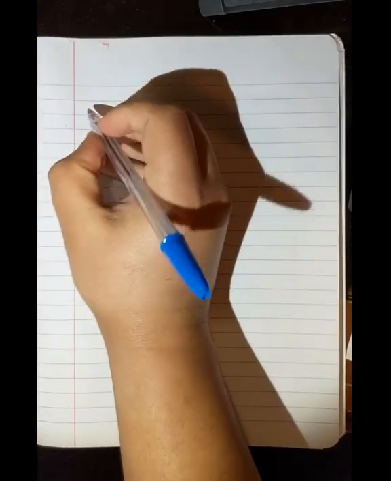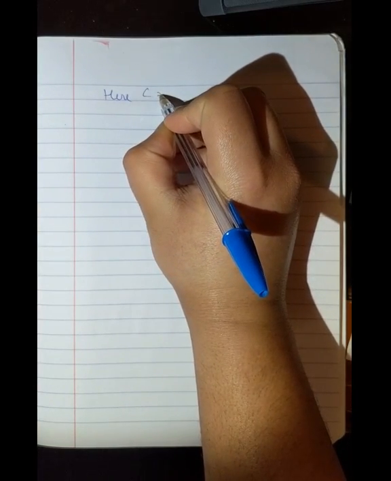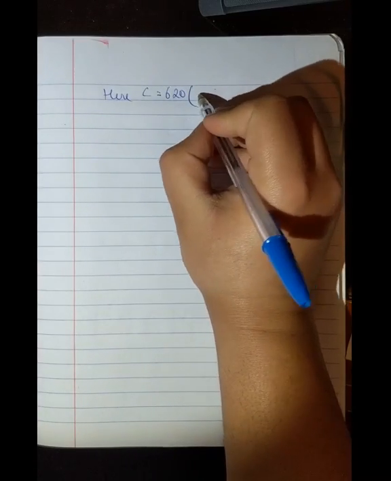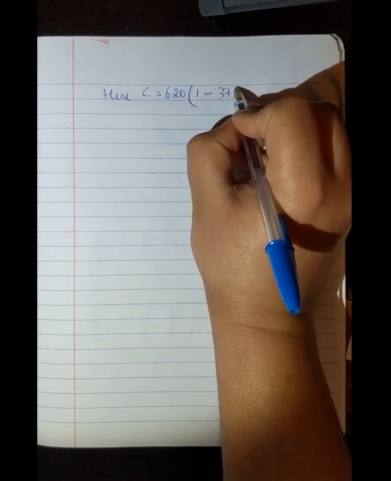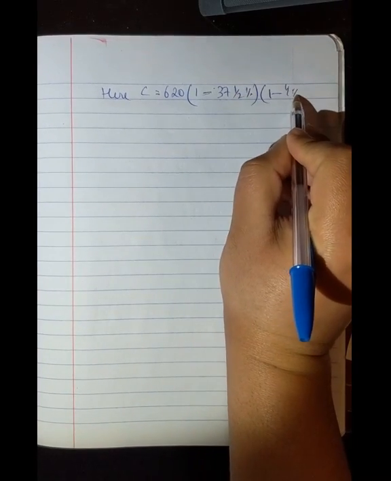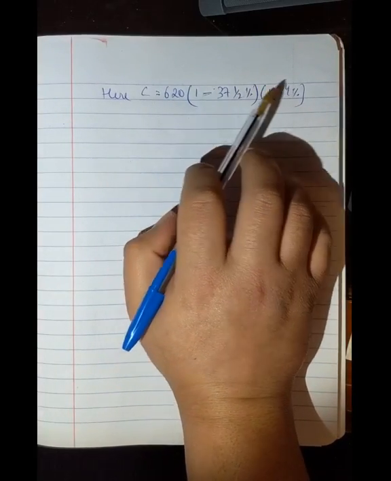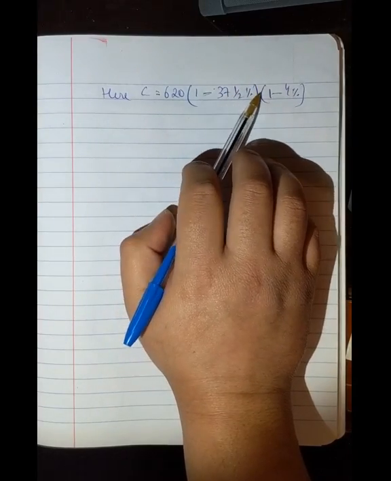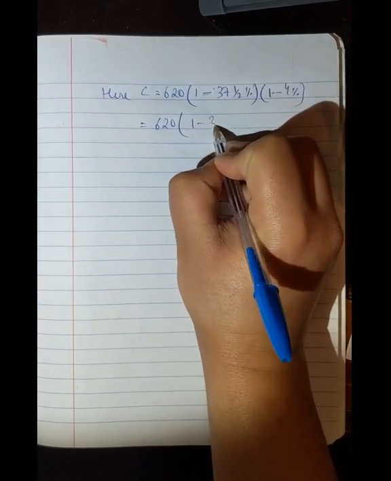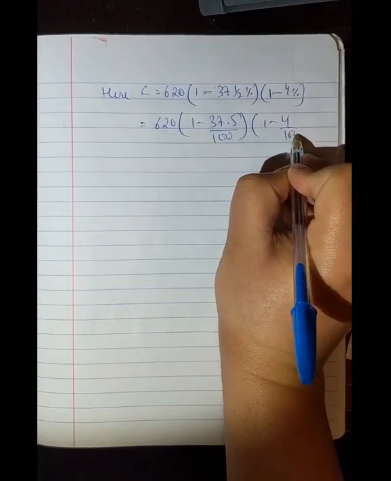So here C is 620 less 37.5% and 4%. So 1 minus 37.5 divided by 100, and 1 minus 4 divided by 100.